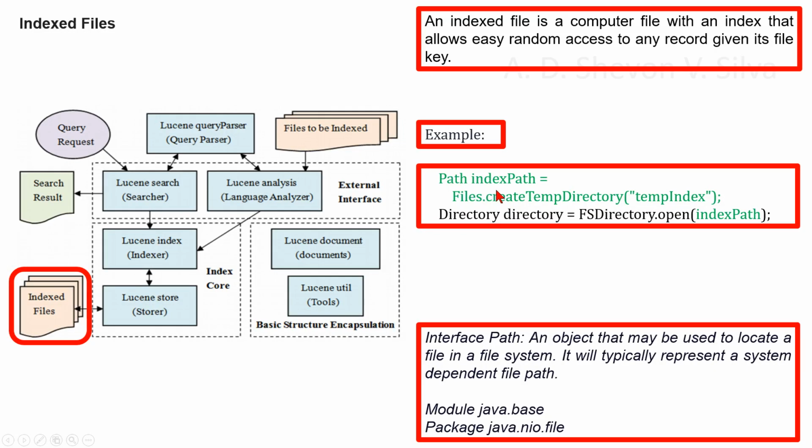It will typically represent a system dependent file path. Here you can see the class Files. This class consists exclusively of static methods that operate on files, directories, or other types of files. The interface Path is in module java.base and package java.nio.file.